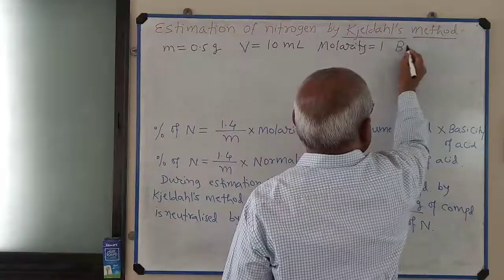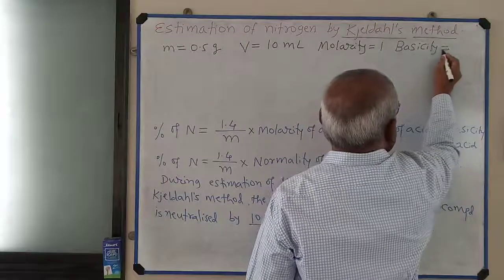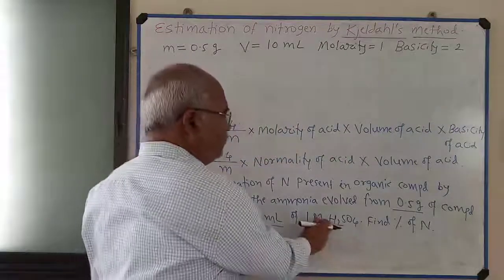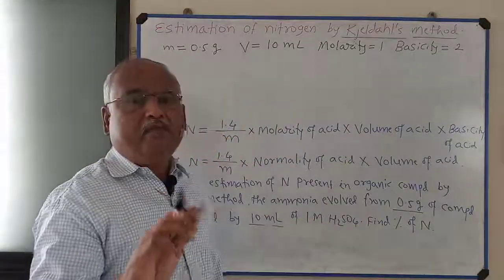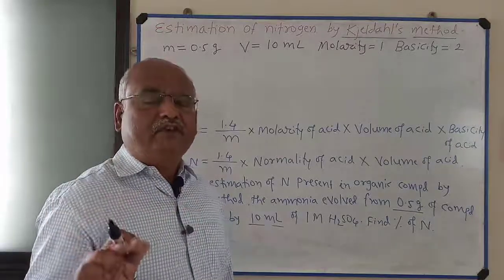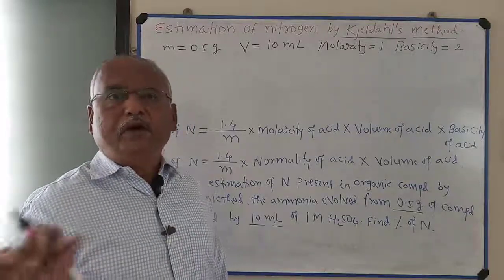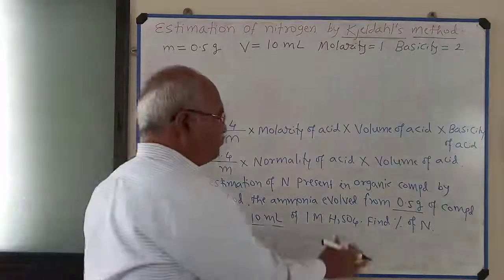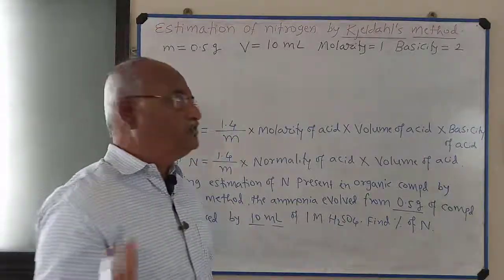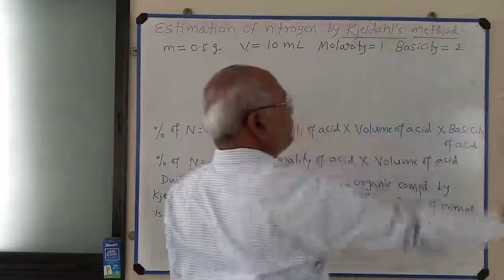Basicity of acid is equal to 2. H2SO4 is dibasic acid. Basicity of acid is the number of H plus ions produced by the acid. H2SO4 gives 2 H plus ions, therefore basicity of H2SO4 is 2.